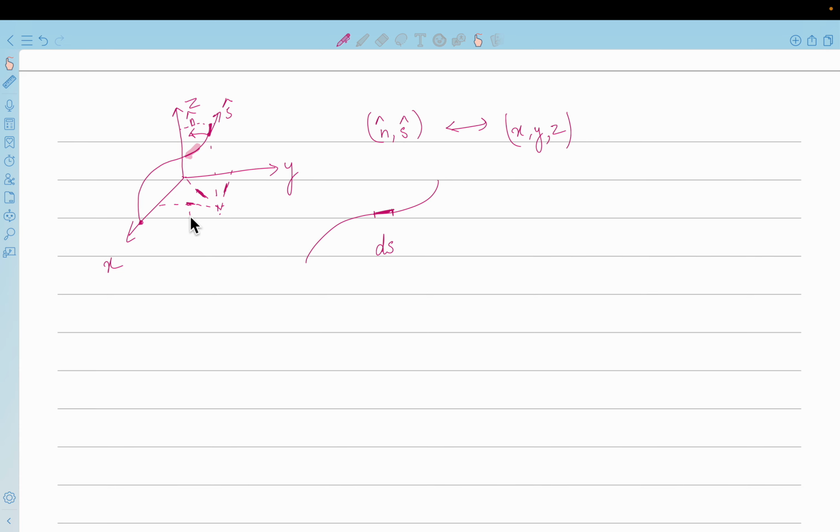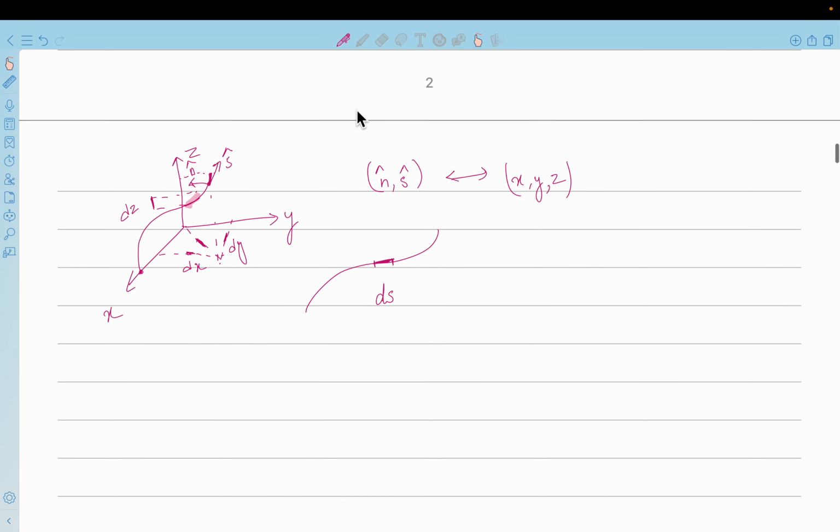So this will correspond to that dx, dy, and it also has a projection on the z axis, so there will be some dz element. What we did was we just considered this dz element and resolved it along the n cap and s cap direction. Does this make sense?